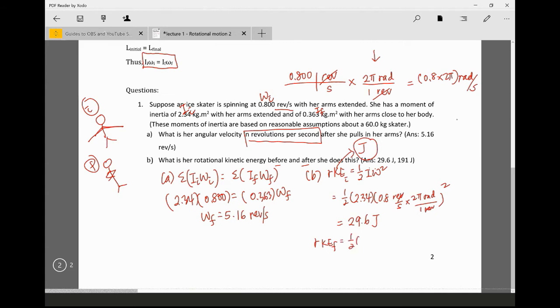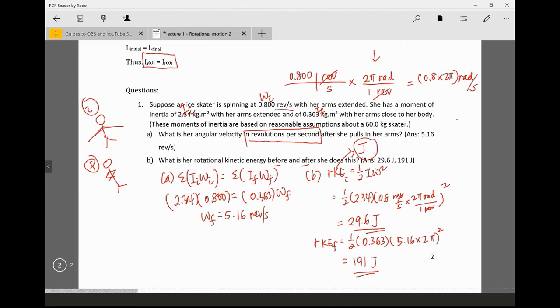Final is equal to half final moment of inertia times final angular velocity squared. You get 191 joules. Are they the same? No. Does it mean it is not following conservation of energy? It is actually following.